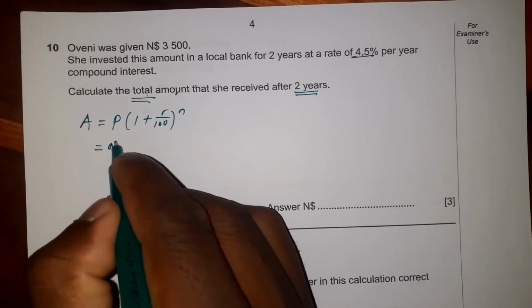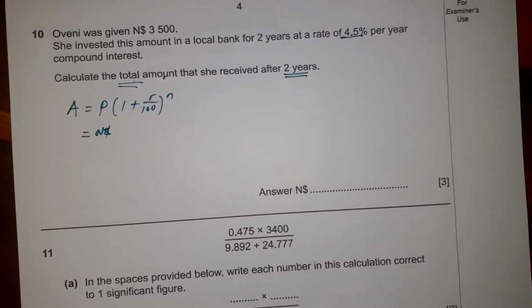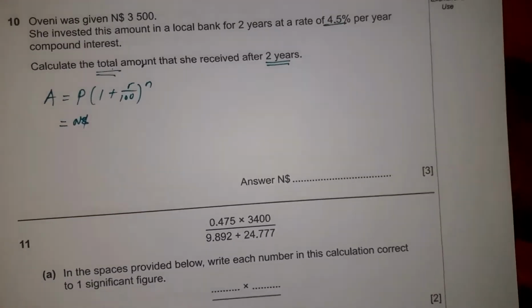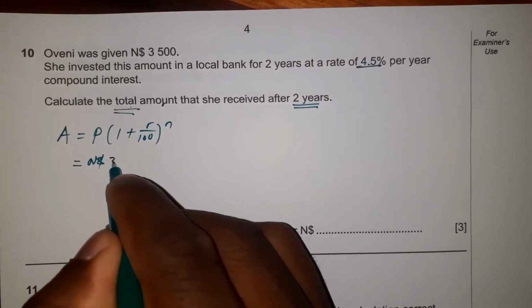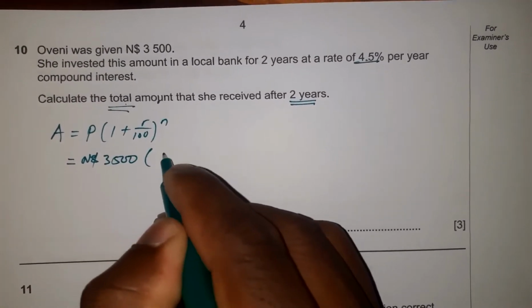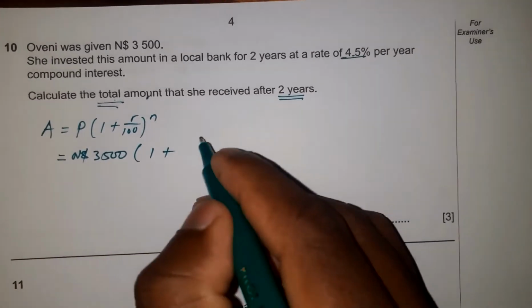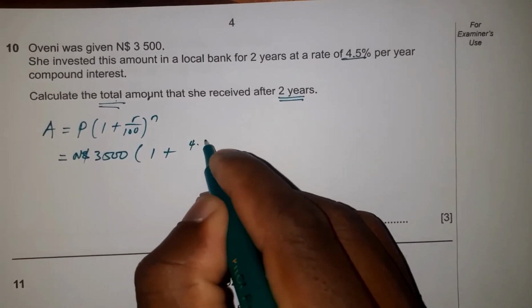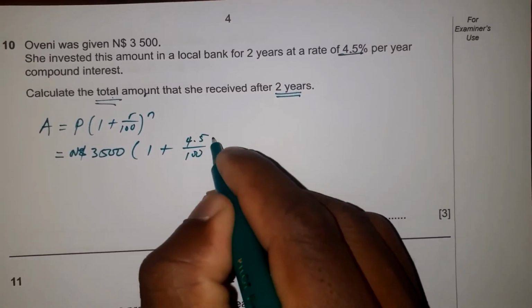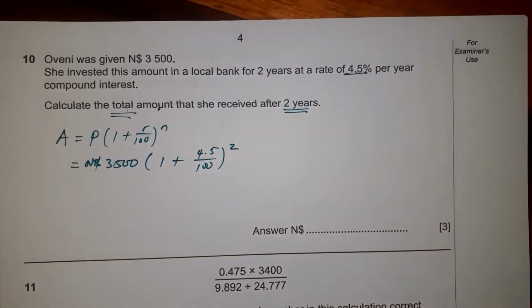Principal, excuse me, 3,500, 1 plus 4.5 over 100, over 2.